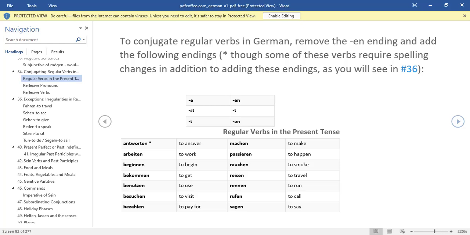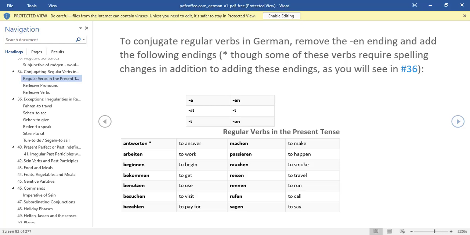Sie bekommen. Benutzen, to use. Ich benutze mein Handy. I use my phone. So ich benutze, du benutzt. Er, sie, es benutzt. Wir benutzen, ihr benutzt. Und sie benutzen.